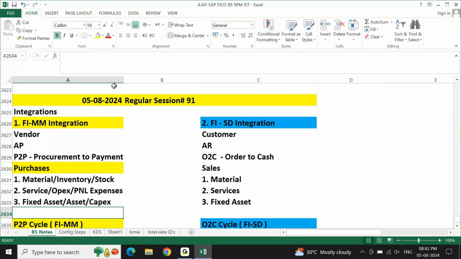These terms, slowly we have to make sure that we are able to relate them and are familiar with them. If you are not familiar with these terms, all the alternatives listed here are going to create confusion. Make sure you relate the points along with the same example. Material, inventory, stock are one and the same. Service, OPEX, P&L expense are one and the same.